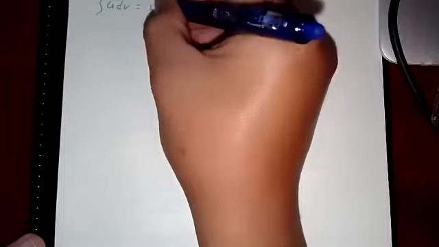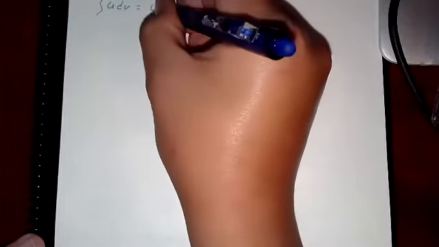All right. So integration by parts. The integral of u dv is equal to u times v minus the integral of v du.